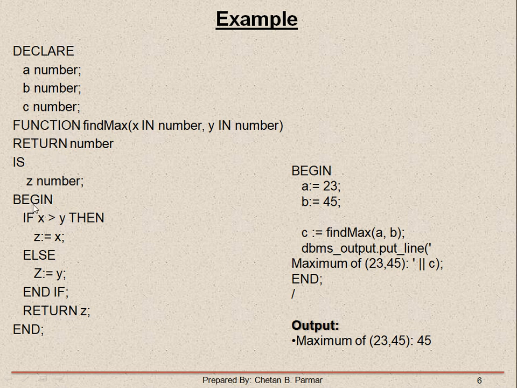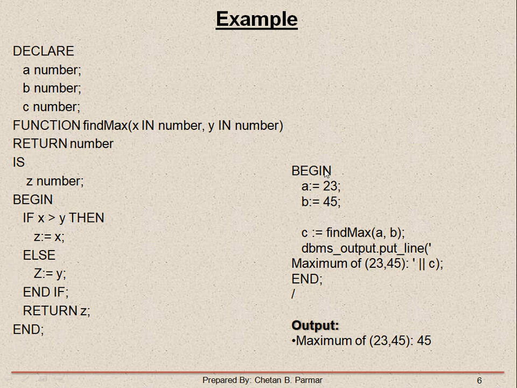Here I am checking if x is more than y, then z equals x, otherwise z equals y. So ultimately z will get the larger value of x and y. And last, return z, and end terminates the function.